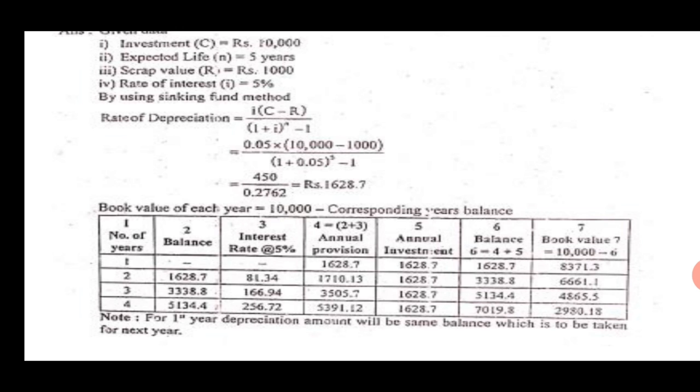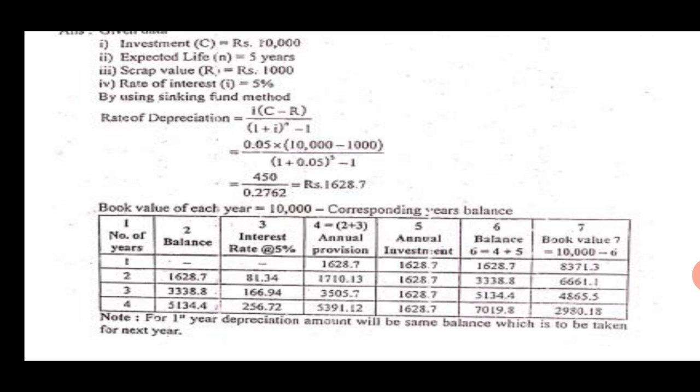So we will make the table, because this is the sinking fund method. Instead of 4 columns, you will have 7 columns here. First is the number of years. Second is the balance, whatever depreciation fund amount you are having. Then on that balance you will have interest at 5%, because the bank is giving 5% interest. Then the annual provision is column number 4, that is 2 plus 3, the balance plus the interest.